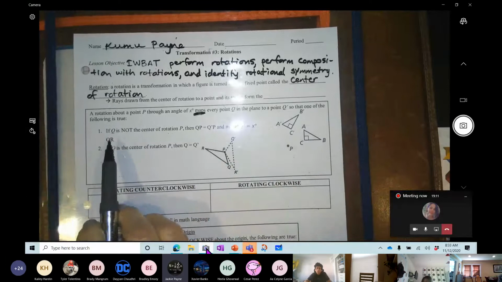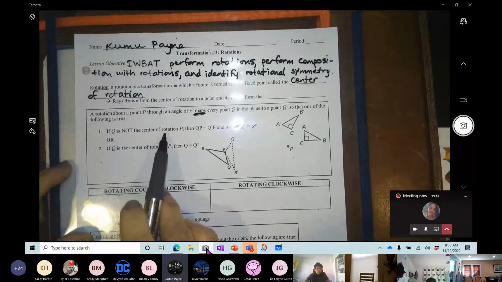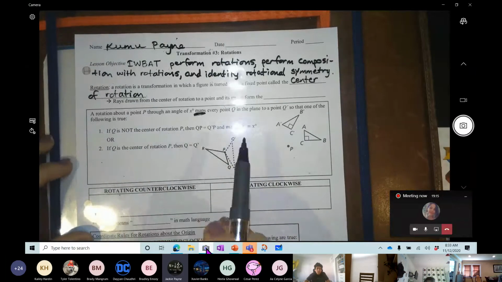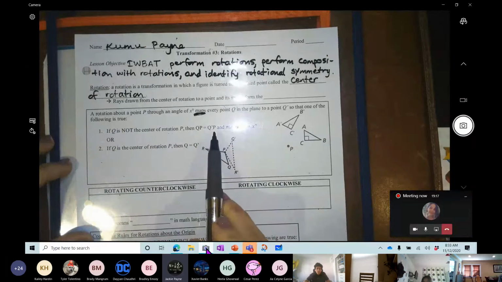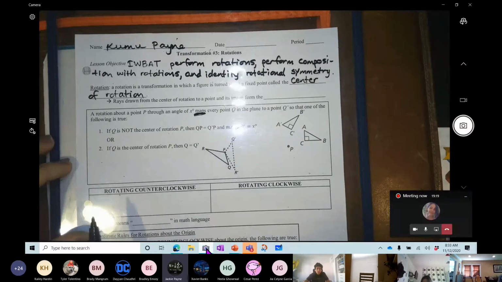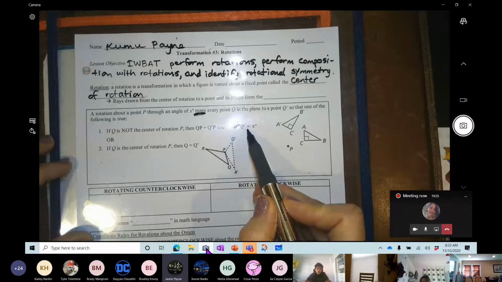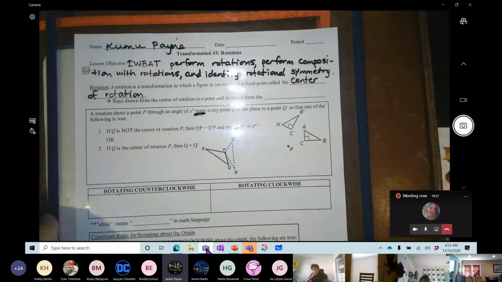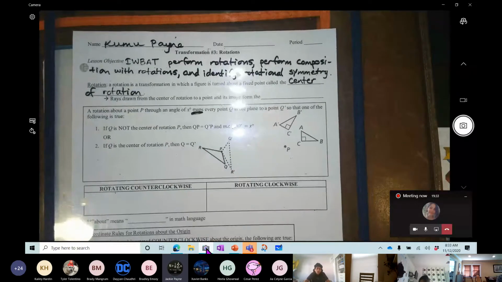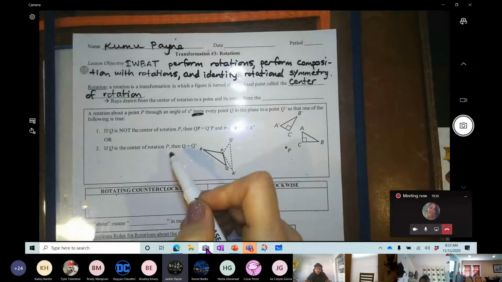Either if Q is not the center, then QP equals Q prime P, and the measure of angle QPQ prime equals X degrees. And if Q is the center, then Q equals Q prime.